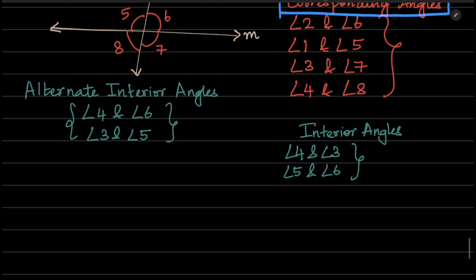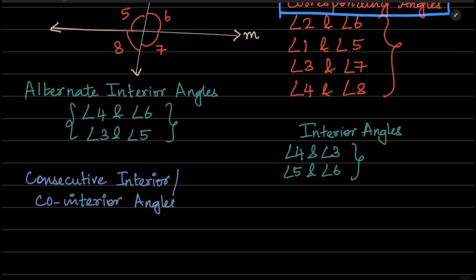Let me write that. These are called consecutive interior or co-interior angles.